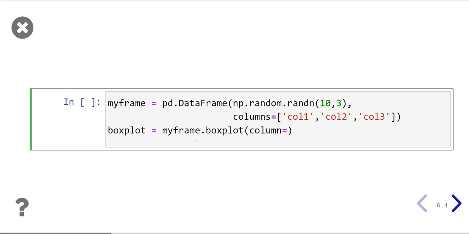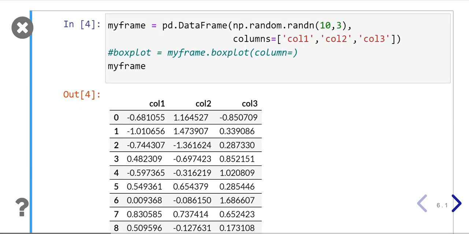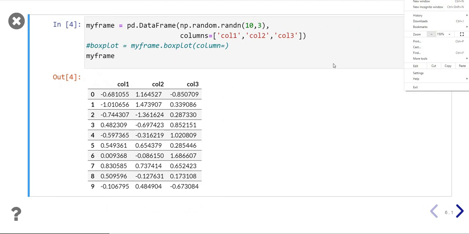Before this, let's try to view my frame first. Okay, so we have created this my frame value: 3 columns and also 10 rows.